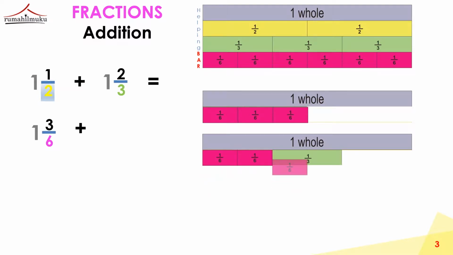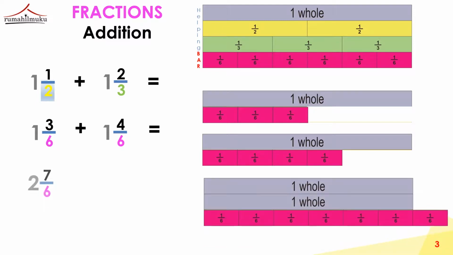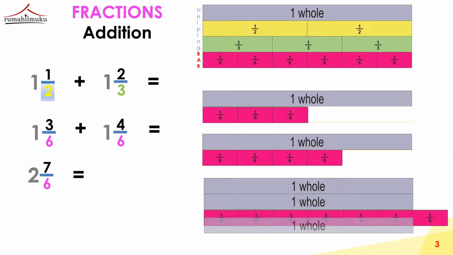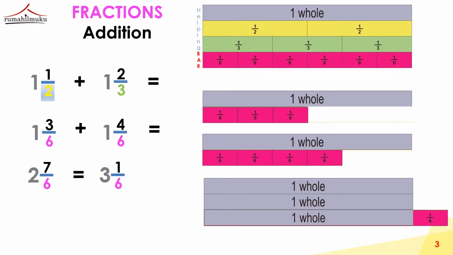So it becomes one whole and 3/6 plus one whole and 4/6 equals two wholes and 7/6. But let's make this a mixed number, which becomes three wholes and 1/6.